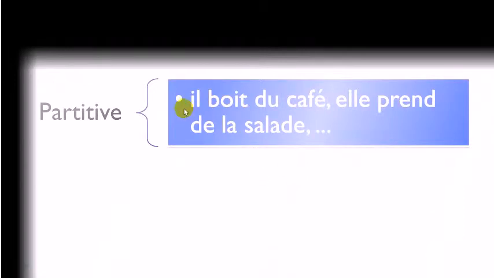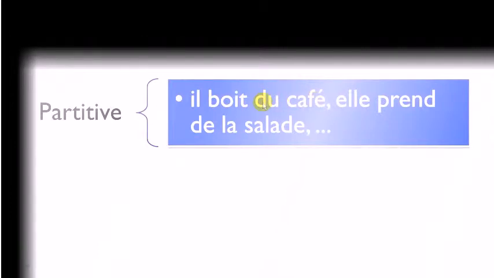The first use that we could spot for this préposition de is the partitive. In French, partitif. A few examples here. Il boit du café. Boire is to drink, du café, coffee, and here we've got the partitive form, so it's some coffee. Remember that we've got the preposition de, but when it's combined with le, it becomes du.